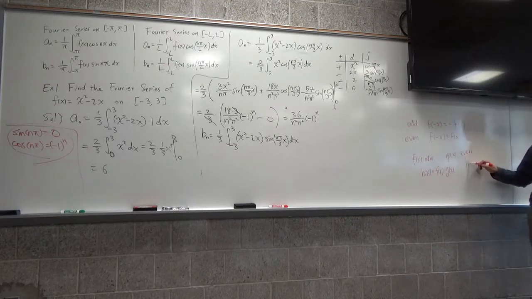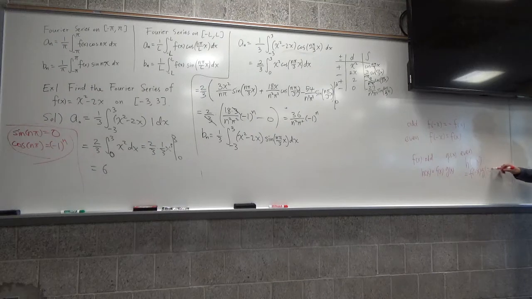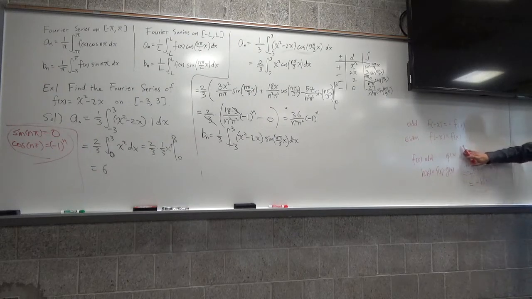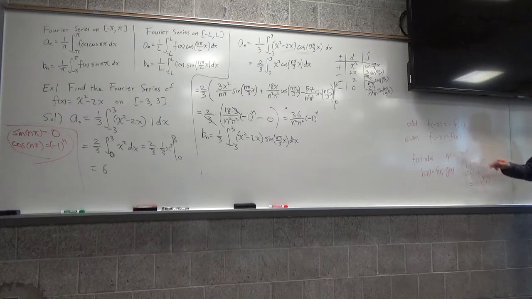Then h of negative x equals f of negative x times g of negative x. Because f of x is odd, the negative comes outside, whereas g of negative x, because it's even, consumes the negative. So you end up with negative h of x, right? That's how you can prove that any odd function times an even function gives you an odd function. You can do the same thing if both were odd: both of the negatives will pull outside, which gives you positive. So you end up with an even function.